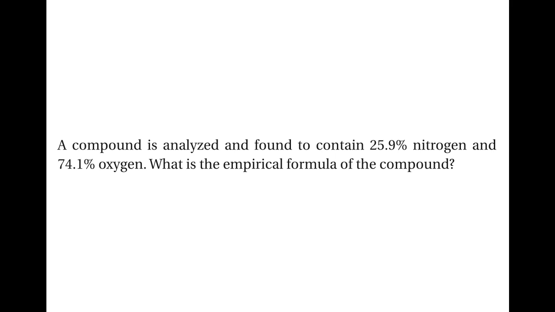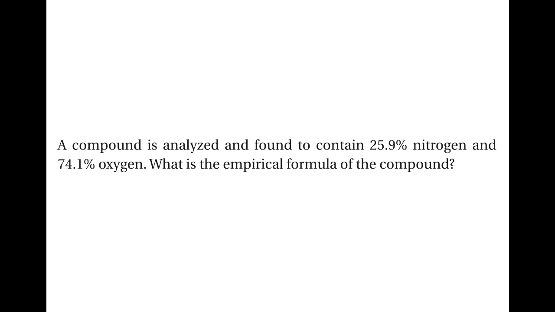A compound is analyzed and found to contain 25.9% nitrogen and 74.1% oxygen. It's asking you, what is the empirical formula of the compound? So again, when you're given a question, the first thing that you need to ask is, what is this question asking you for? You know that this question is asking you for the empirical formula.